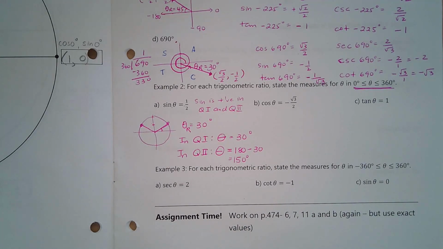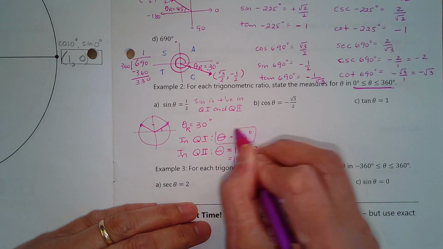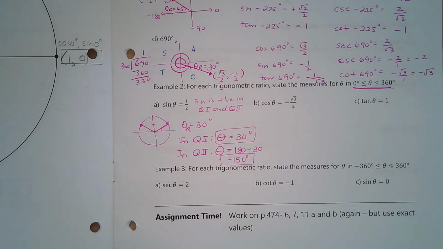So we have two angles where the sine of theta is equal to a half. These two angles. Good? Let's try this one.